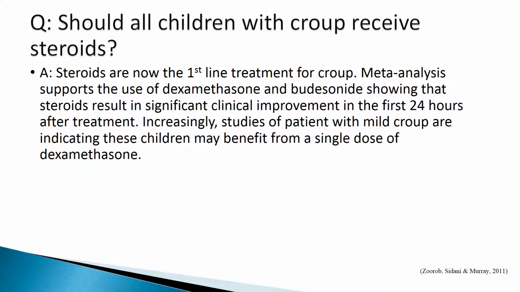Should all children with croup receive steroids? Answer: yes, you should. Regardless of the severity, steroids are now the number one line of treatment for croup. We have meta-analysis supporting the use of dexamethasone and sometimes budesonide, showing that steroids result in significant clinical improvements in the first 24 hours after treatment.